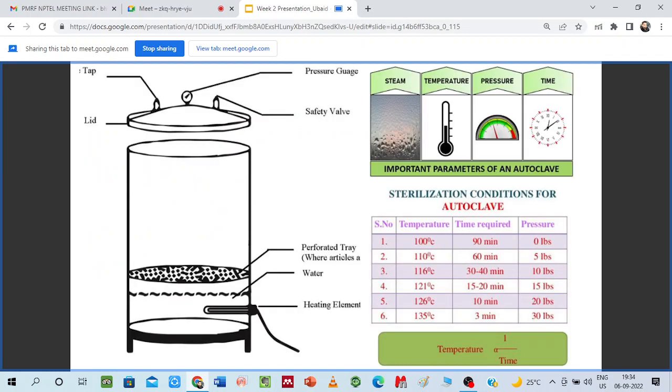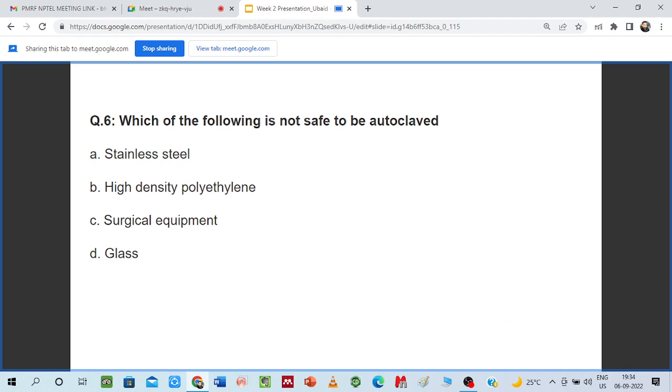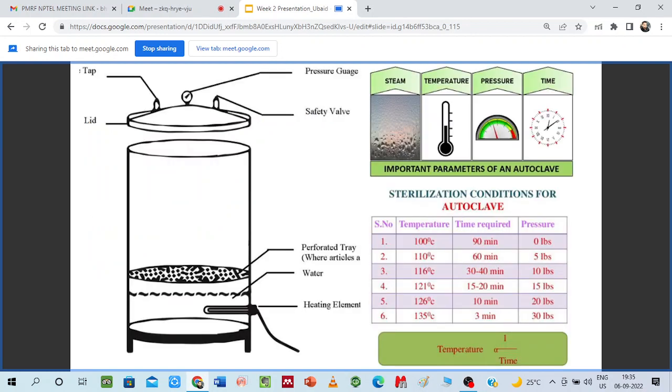So can anyone tell me why do we use an autoclave? In case of cell culture, we frequently use an autoclave. So an autoclave is just like a pressure cooker.